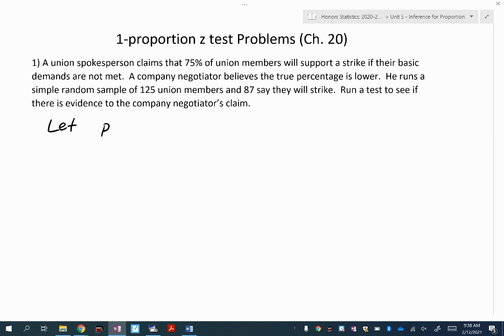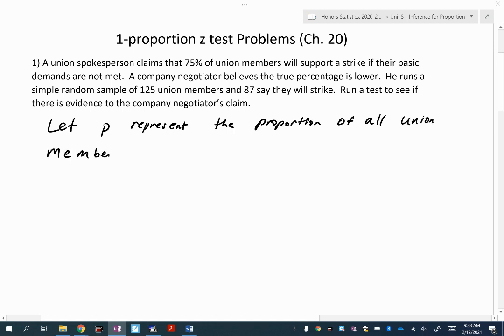So let P represent the proportion of all union members who will support a strike, or who will go on strike, if their demands are not met.